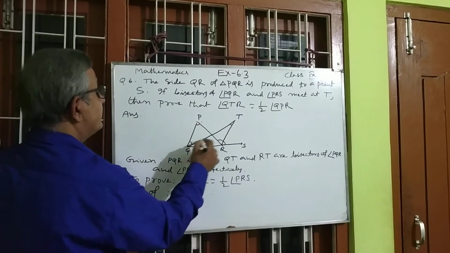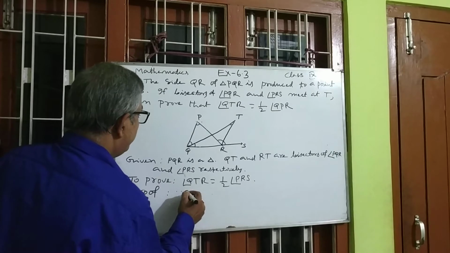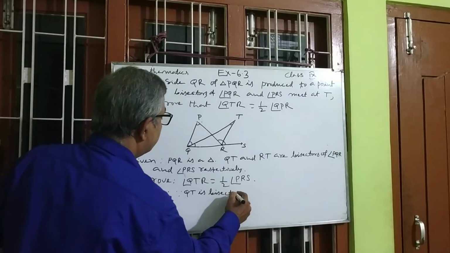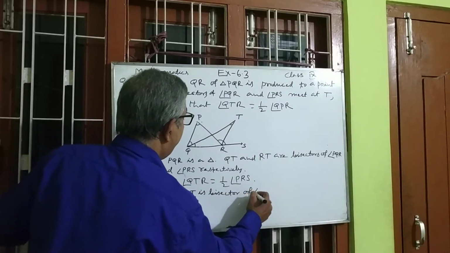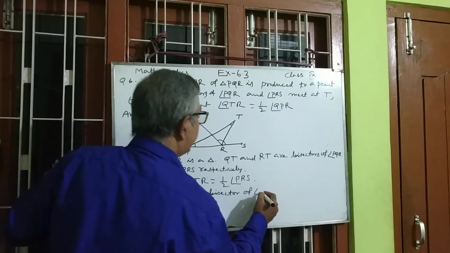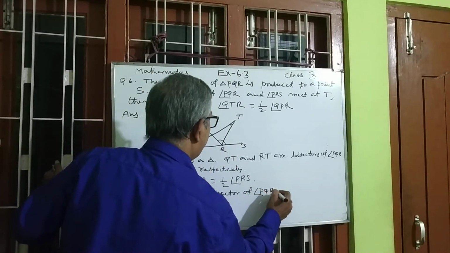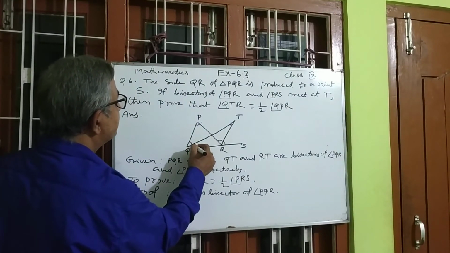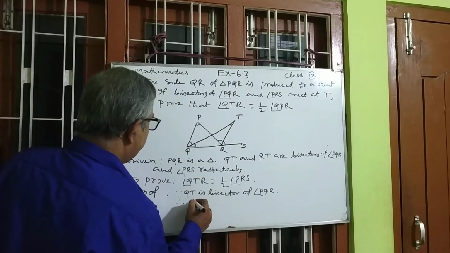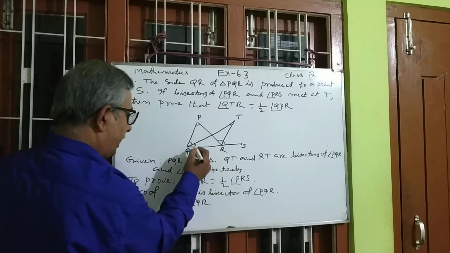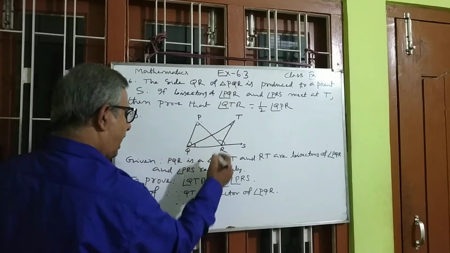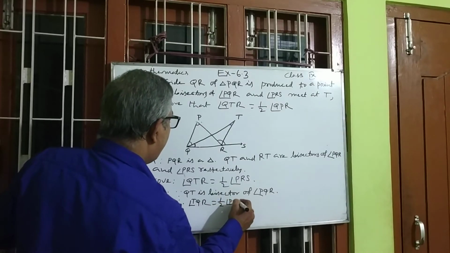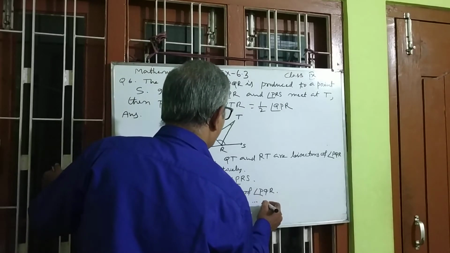Here you see, since QT is the bisector of angle PQR, therefore this angle will be half of the whole angle. Therefore, angle TQR, meaning this angle, is half of angle PQR. This is equation 1.